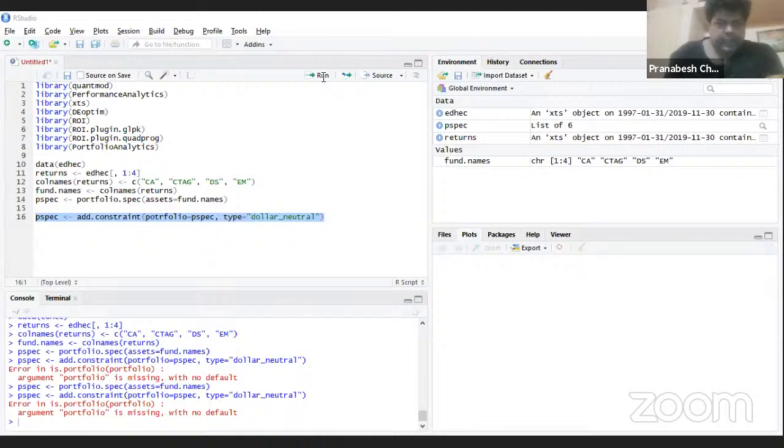It is called active. This type is active basically.